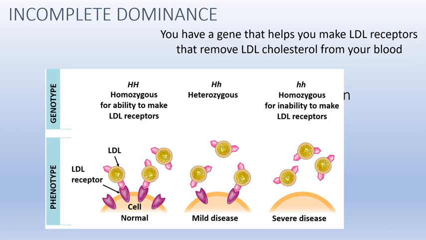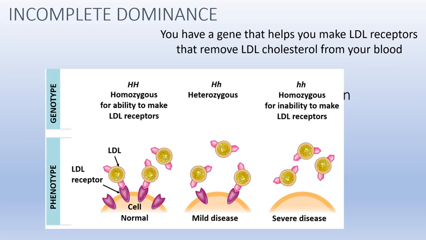Unfortunately, if you inherit two of the lowercase h alleles, you have no ability to bind cholesterol. This can create problems in young children and adolescents as they are accumulating cholesterol buildup in their arteries from day one.